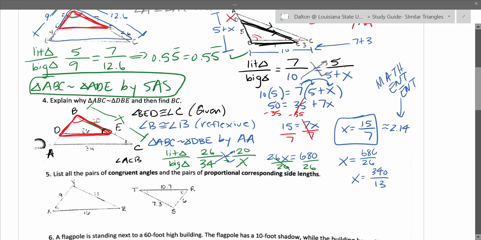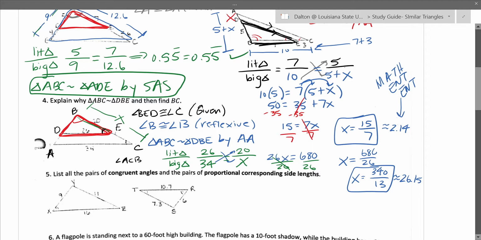Again, if you divide 340 over 13 in your calculator, you will get approximately 26.15, but I would prefer you just leave your answer as a fraction, unless the directions say round to the nearest tenth or whatever. Okay, number 5 should be the easiest question on the test.